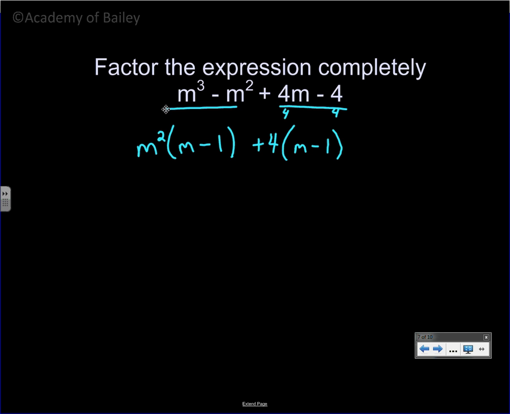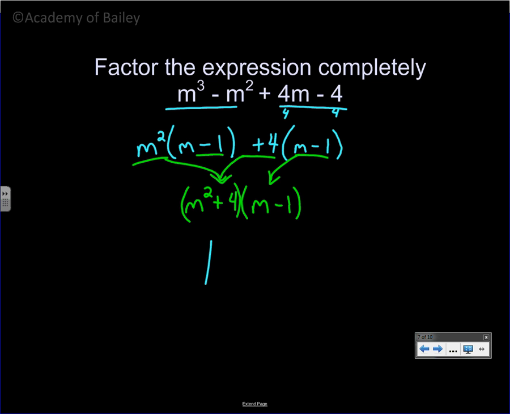Put these two together. So m squared plus 4 comes into 1 parenthesis there, and then m minus 1 and m minus 1 gets its own parenthesis together.